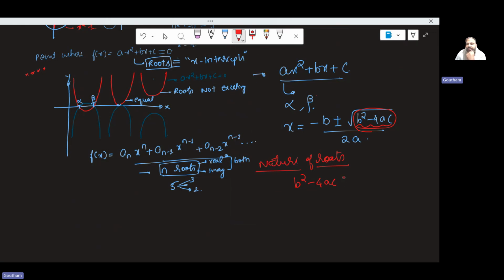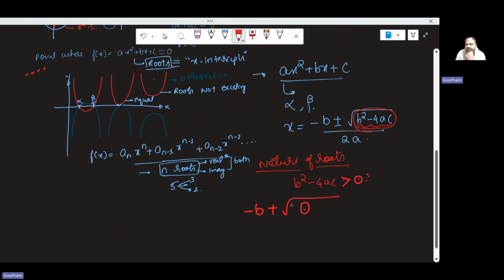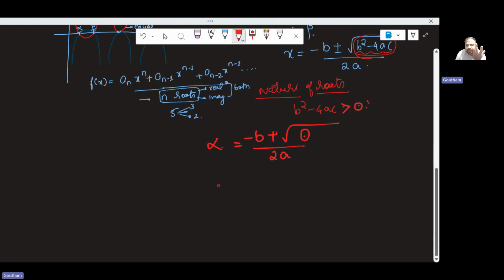I'll call it d, which is a common notation, and it is called the discriminant. Say one is my alpha, minus b plus root of d divided by 2a, and the other is beta, minus b minus root of d divided by 2a.